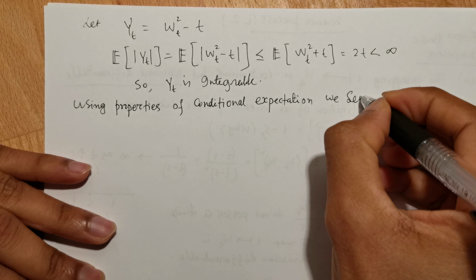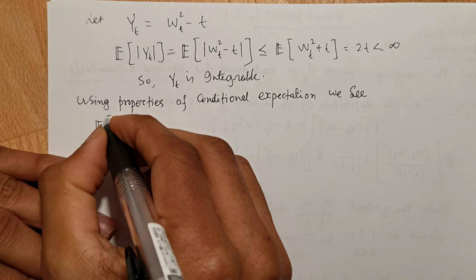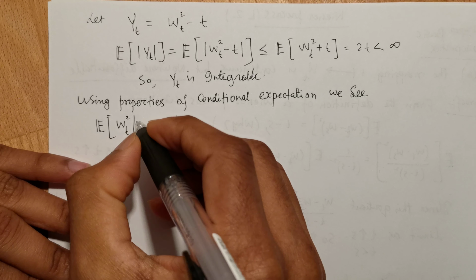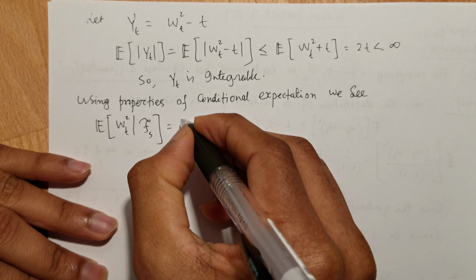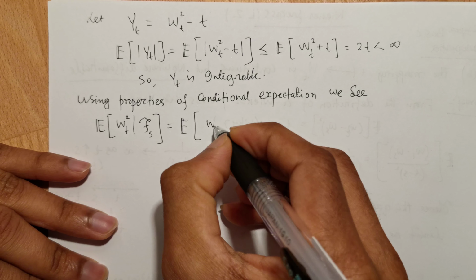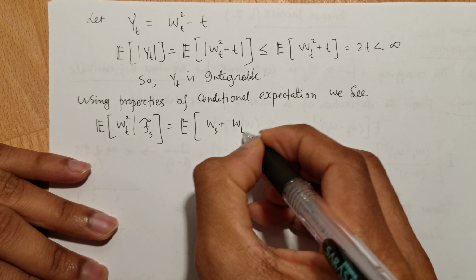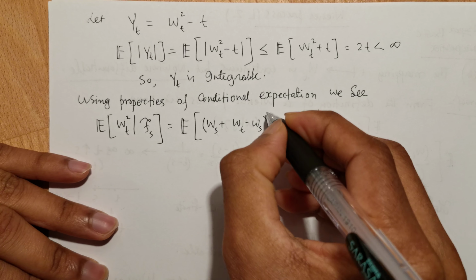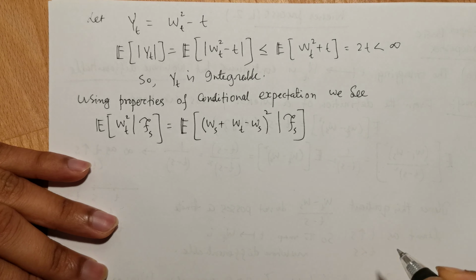Now using property of conditional expectation, we see the conditional expectation of Wt square given Fs is the conditional expectation of Ws plus Wt minus Ws, all squared, given Fs, right?